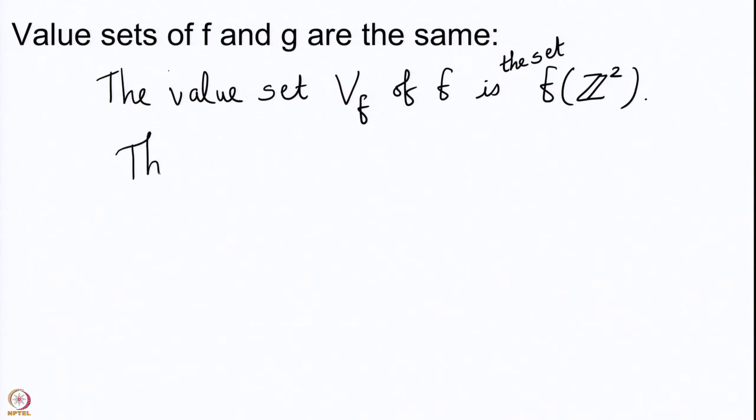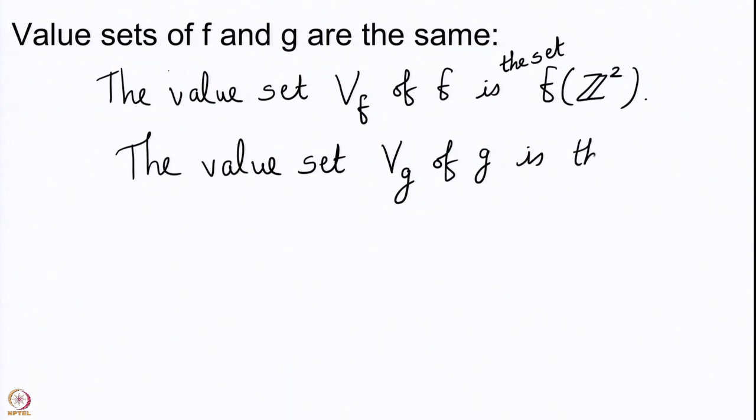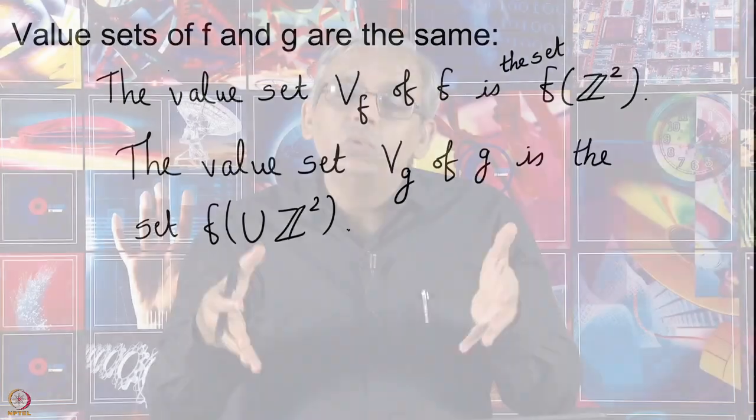So, this is the value set, and the value set V_g of g is the set f of U Z^2. This is because we will apply the transformation U to the vector capital X, and then we obtain the value of the quadratic form f on this, which is really the form g applied to x and y.